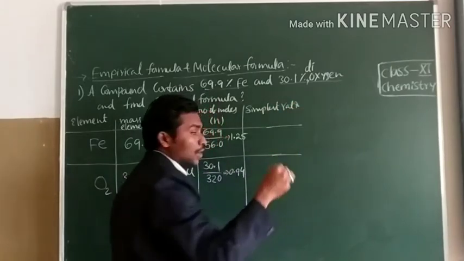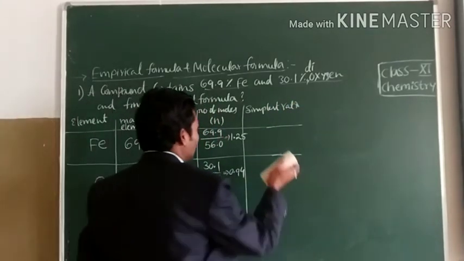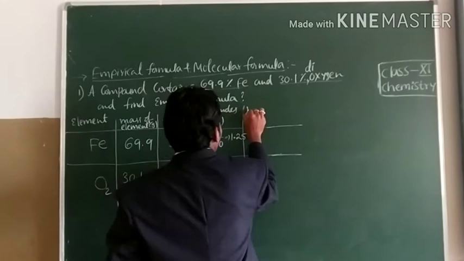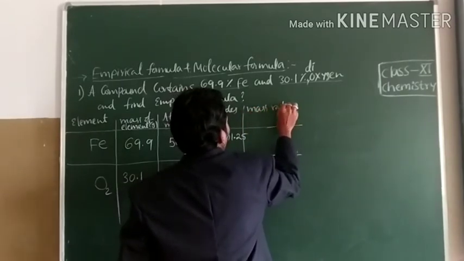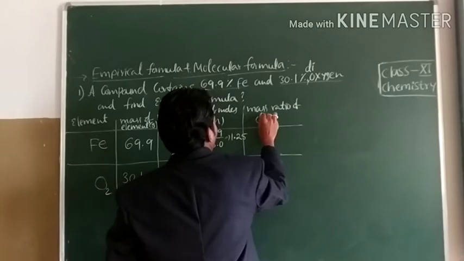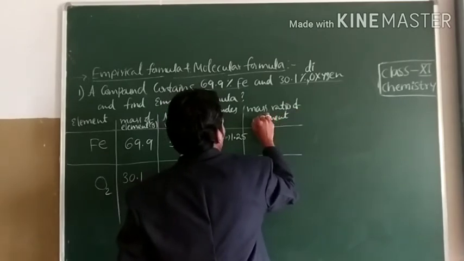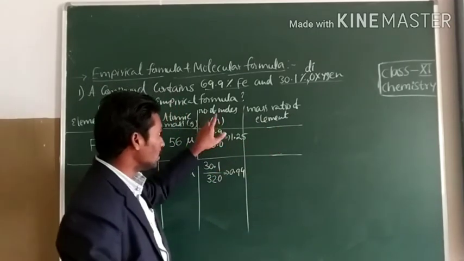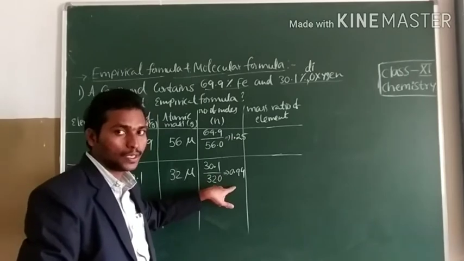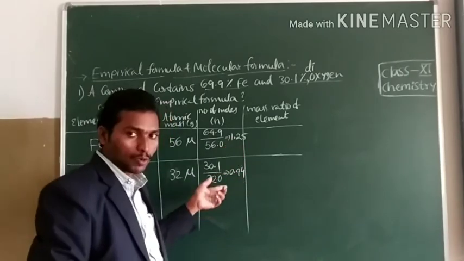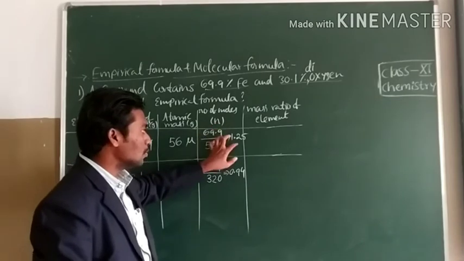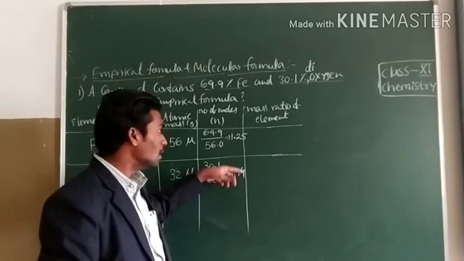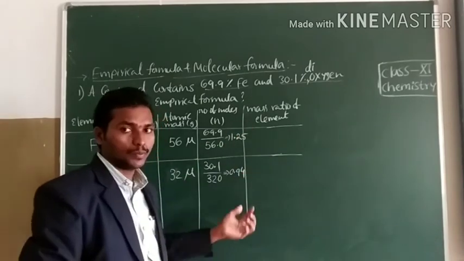To find the mass ratio of the elements, we have to divide the number of moles of each element by the smallest value among them. When we divide the number of moles of each element by the smallest value among themselves, we get the mass ratio of the elements.